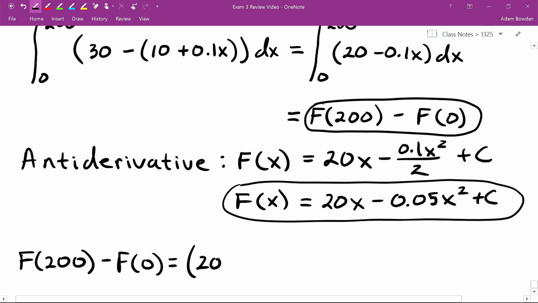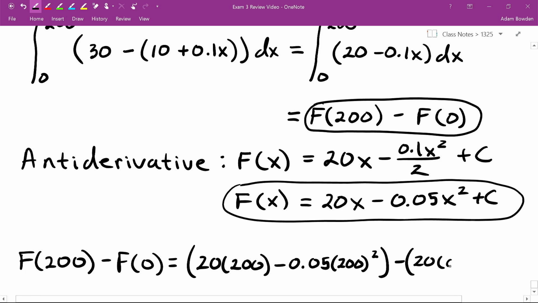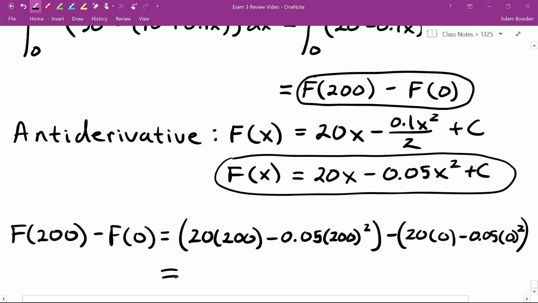That's going to look like 20 times 200 minus 0.05 times 200 squared minus 20 times 0 minus 0.05 times 0 squared. That's all going to be equal to a total of $2,000. That is the producer surplus.